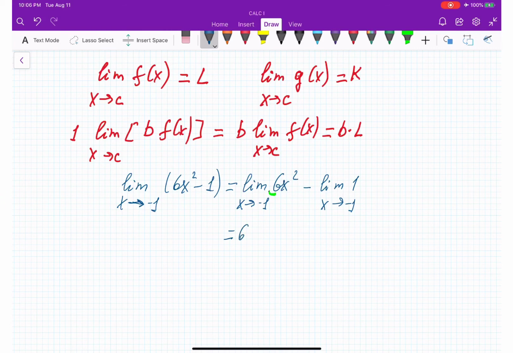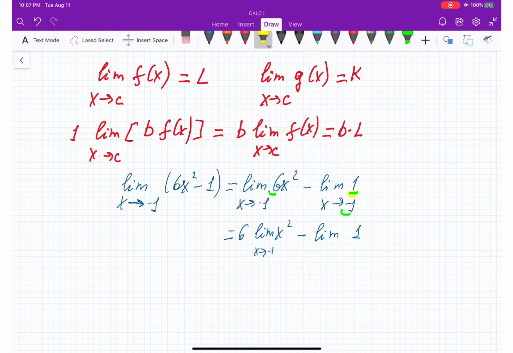So it's going to be 6 times the limit of x squared as x approaches -1, minus the limit of 1, because 1 is also a constant and has nothing to do with the limit.